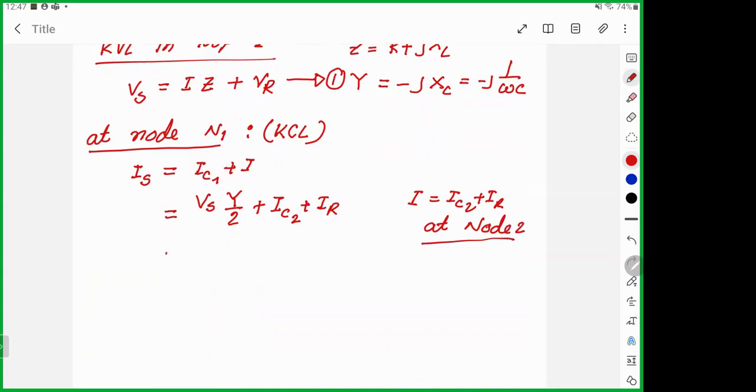So then I can write VS Y by 2 plus IC2, which is VR Y by 2, plus IR.